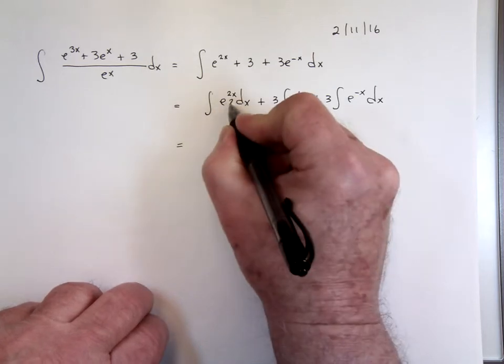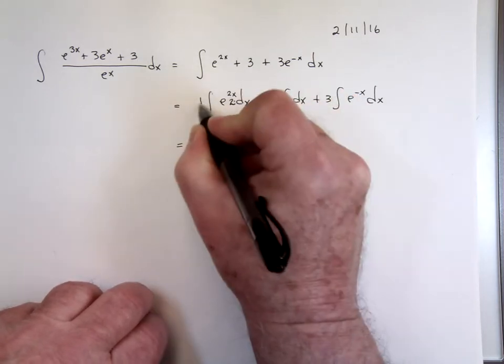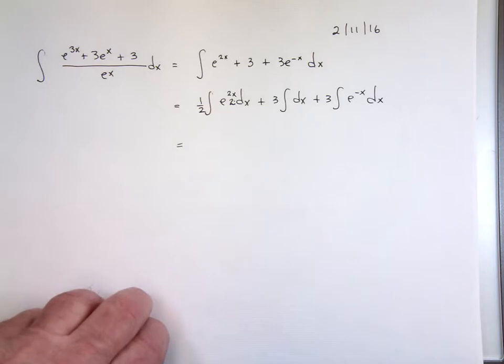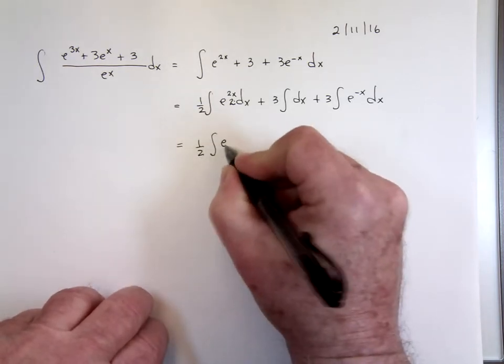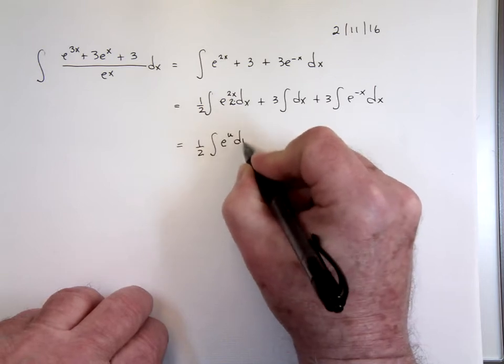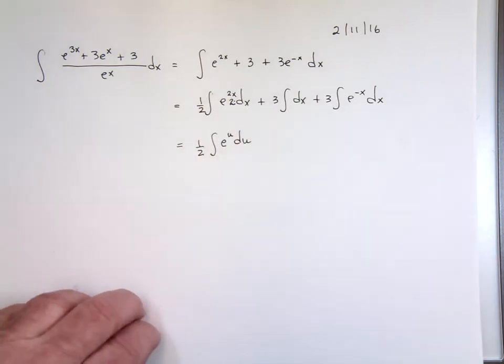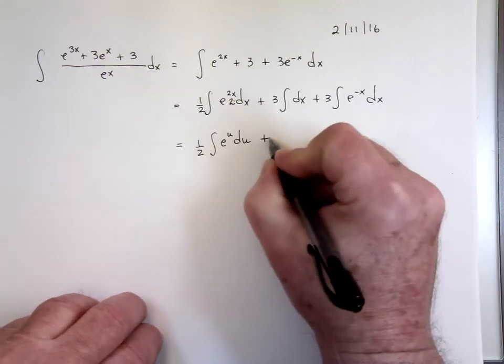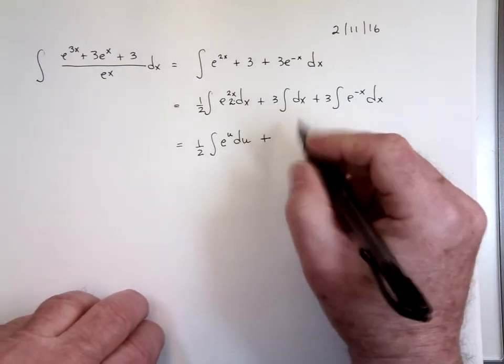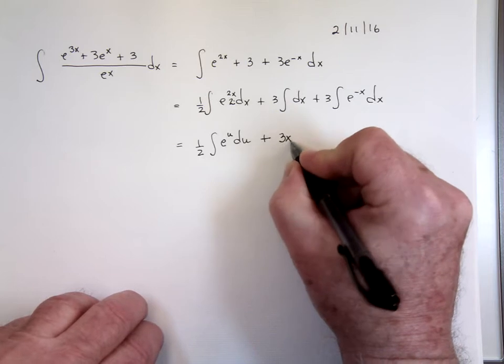I need to multiply by 2 and by 1/2. By doing so, I end up with 1/2 the integral of e^u du. That's the form that we want. The next one is just the integral of dx, which is just plain x.